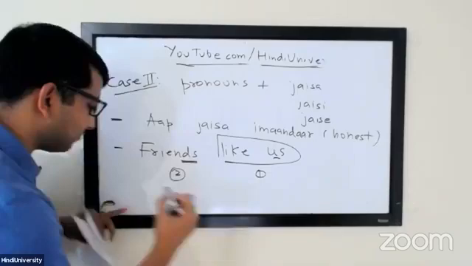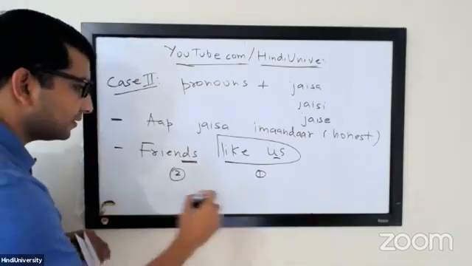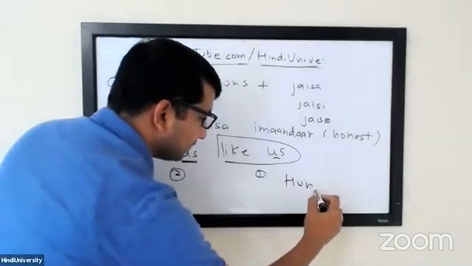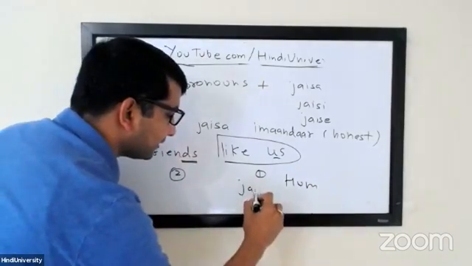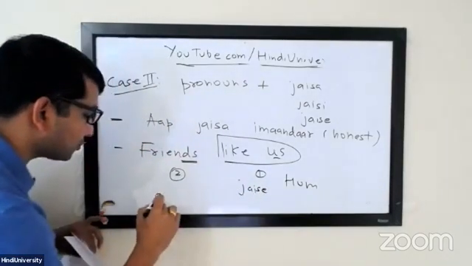Friends like us. In this case, just say hum. Now combine all of them together: you put hum, you put jaise, and you put dost.